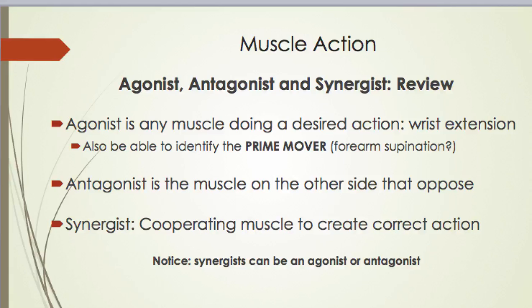So moving on with muscle action, we know this well: antagonist, agonist, and synergist, just to review. An agonist is technically any muscle that does a desired action. So think about wrist extension. What muscles create wrist extension? Well, we have a few, right?